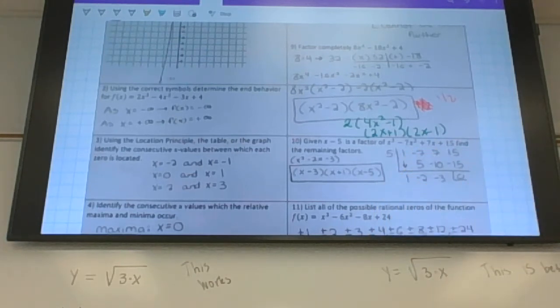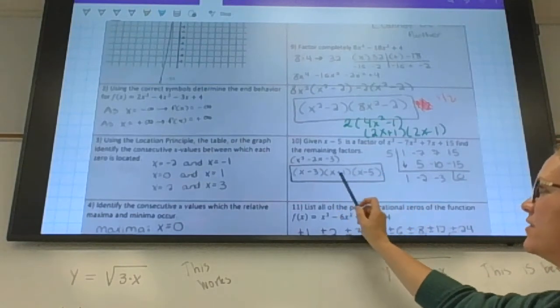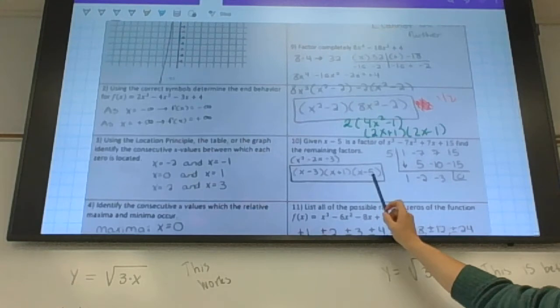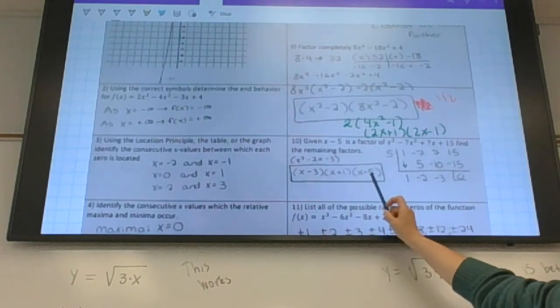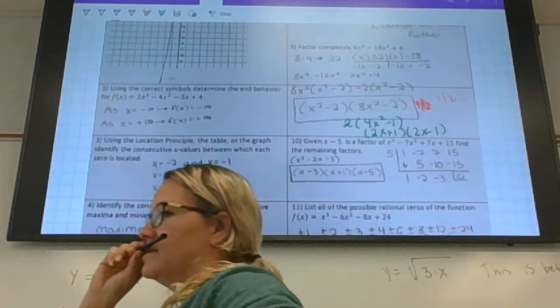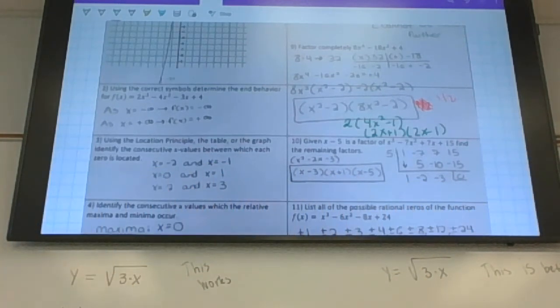How many points did I say? Okay, pretty generous. It says find the factors. These are the factors. Did you ever show all 3 of these? You tested them all. How'd you find them?